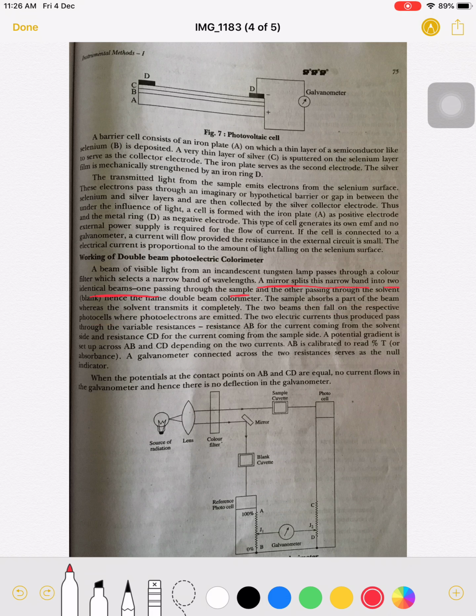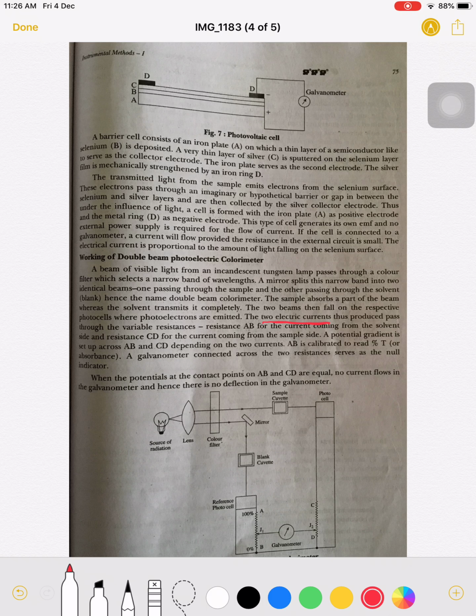Each beam emits a certain amount of electrons in its photocell, and due to the emission of these electrons some electric current is generated. These two currents produce variable resistance, one from the beam passing through the solvent and one from the beam passing through the sample.